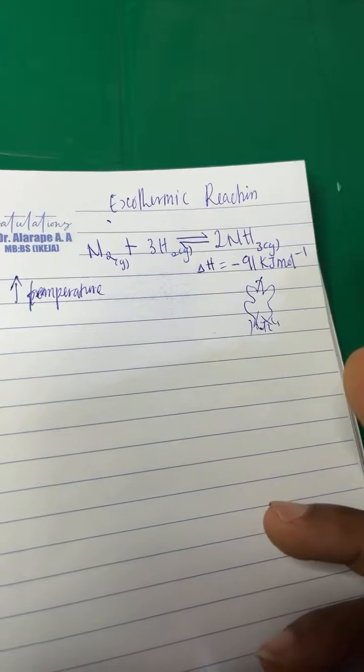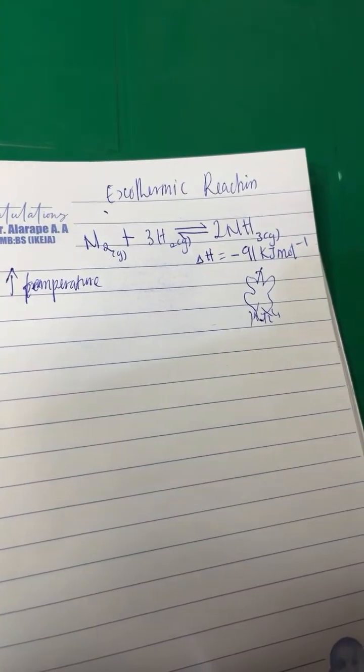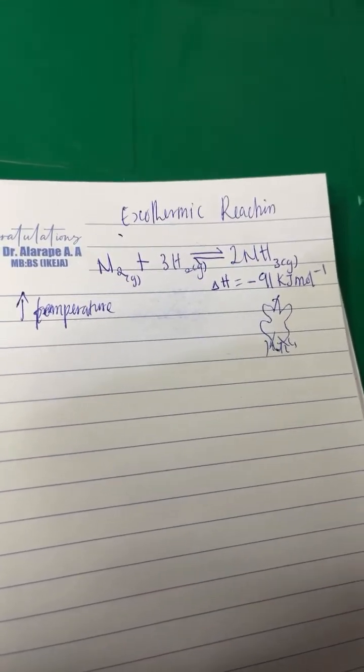So if there's another increase in temperature, if you have to bring that reaction back to equilibrium, what will you do? It will have to favor the backward reaction. An increase in temperature favors the backward reaction.